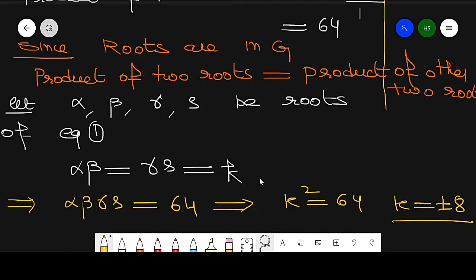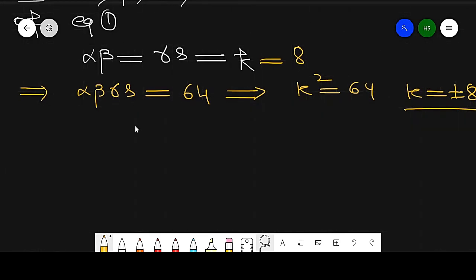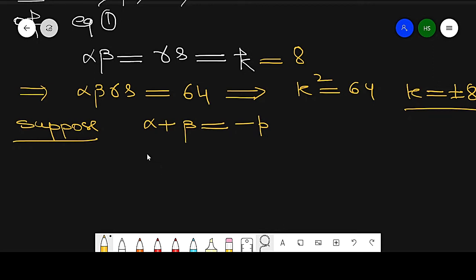So I take the positive value, so I am taking k is equal to 8. So if k is equal to 8, we find the product. Suppose the sum of alpha beta is equal to minus p, and the sum of gamma delta is equal to minus q.